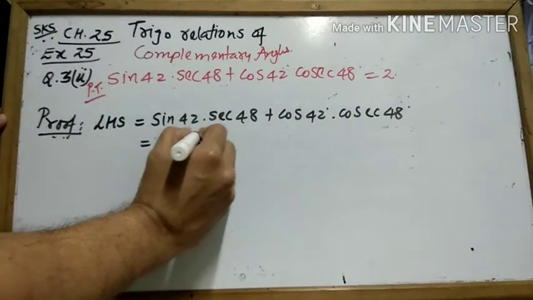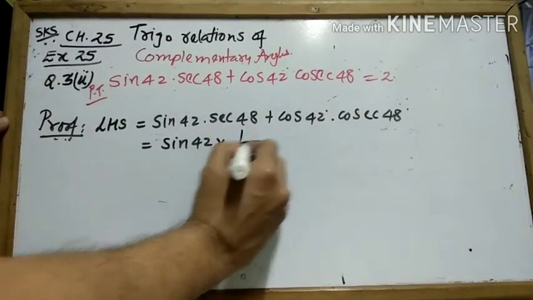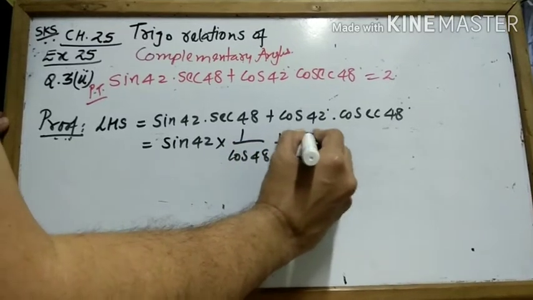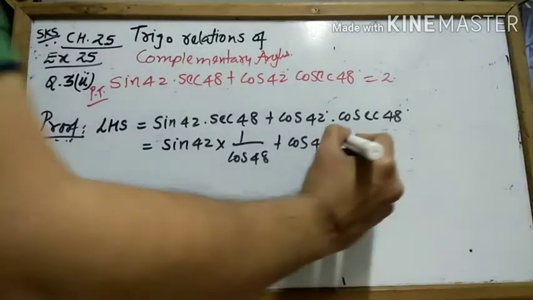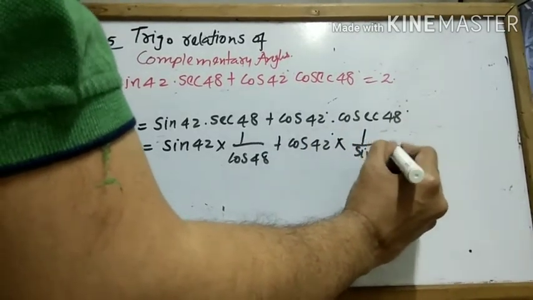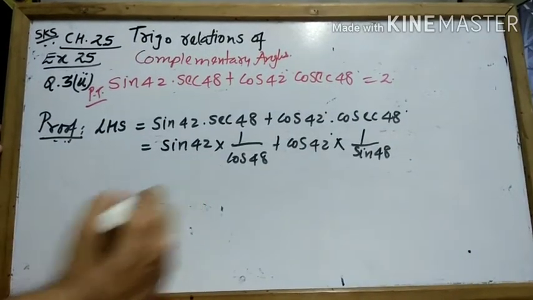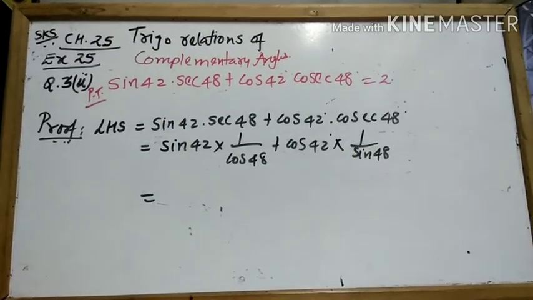sec is the multiplicative inverse of cos. So sin 42 multiplied by sec 48 can be written as sin 42 upon cos 48. Here cosec 48 can be written as 1 upon sin 48. Now as you have observed, 42 and 48 are complementary angles.